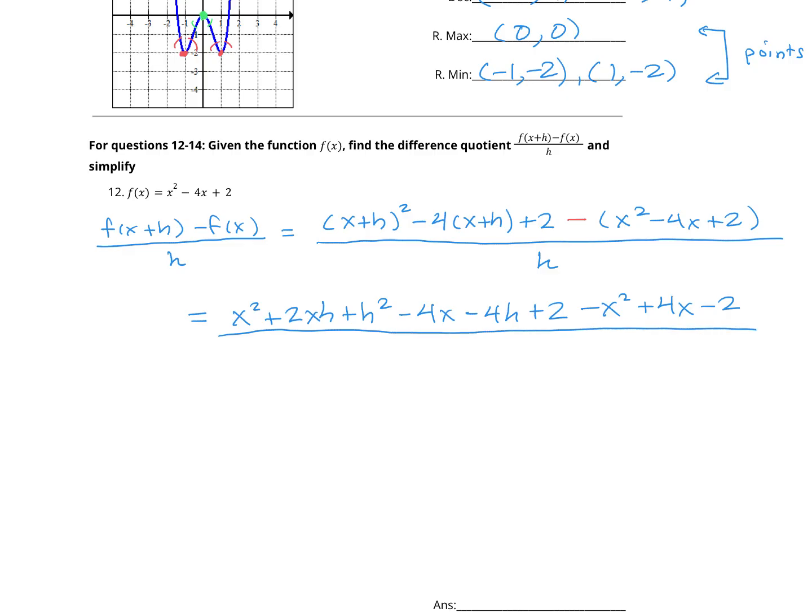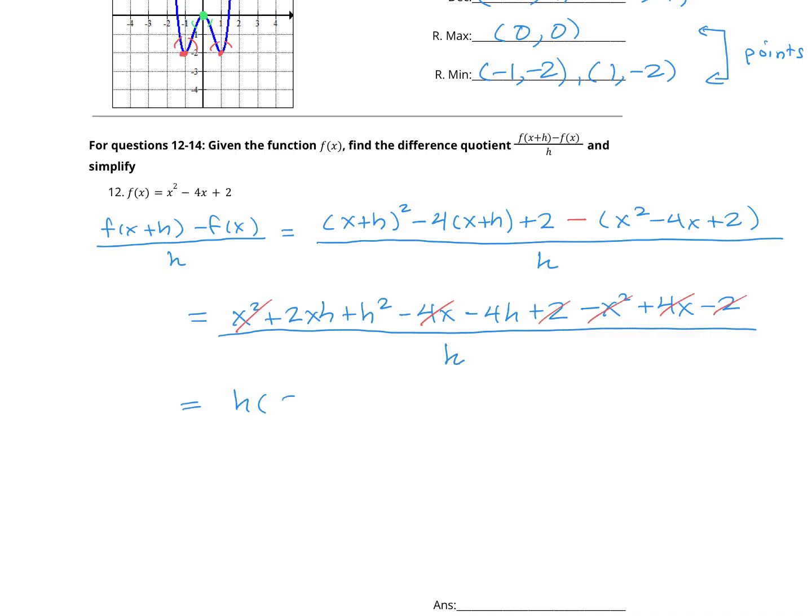All sitting over top of the h. Next up, we will cancel down as much as we can. You will notice here, I can cancel out those x squareds. I can cancel out those 4x's, and I can cancel out those 2's. Everything that's left has at least one h inside of it. So I'm going to factor out that common h.